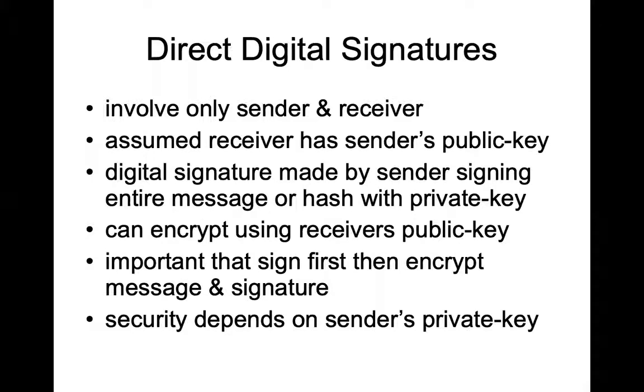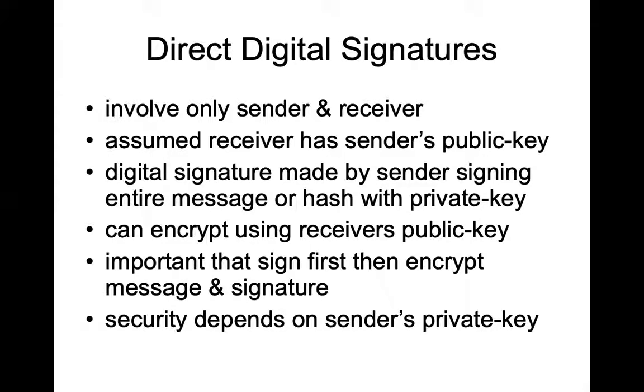If you assume that the receiver has the sender's public key, then the digital signature is made by just signing the entire message, or you take a hash of the message and the sender signs it with their private key. Alice signs it, or encrypts the message, with her private key. And of course you can encrypt the whole thing using the receiver's public key, Bob's public key, and then you send it over.